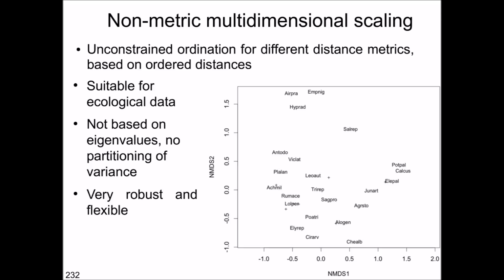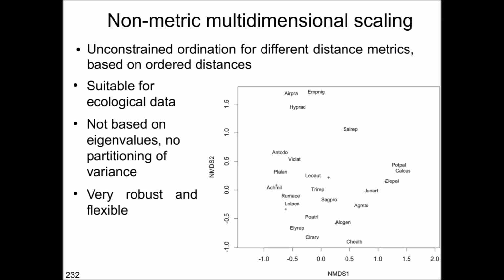It just requires monotonicity for the transformation of the distance matrix to a lower dimensional space. And it's overall regarded as one of the most robust unconstrained ordination methods and can be used with many distance measures. So it's overall suitable for ecological data.